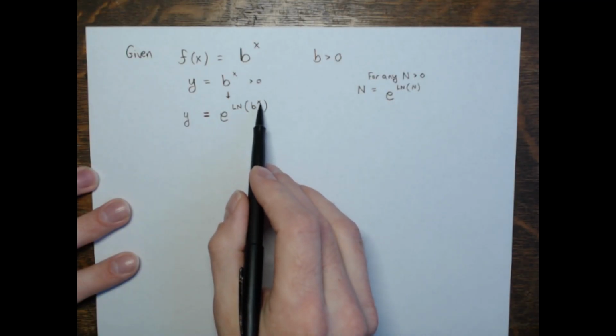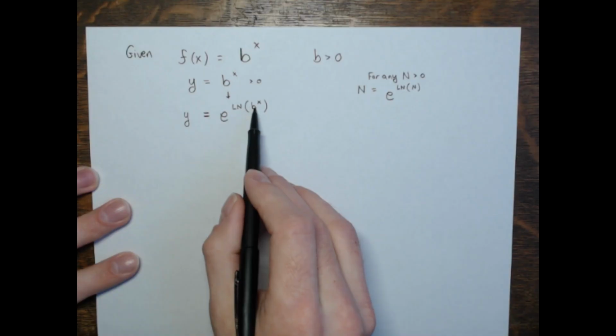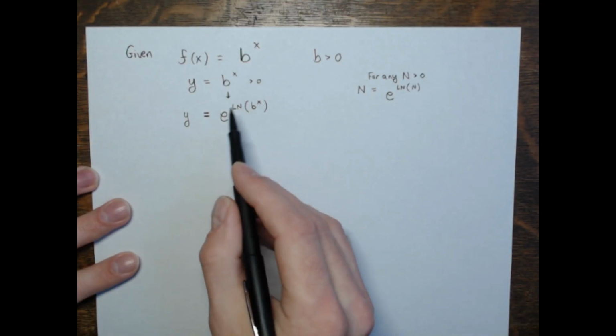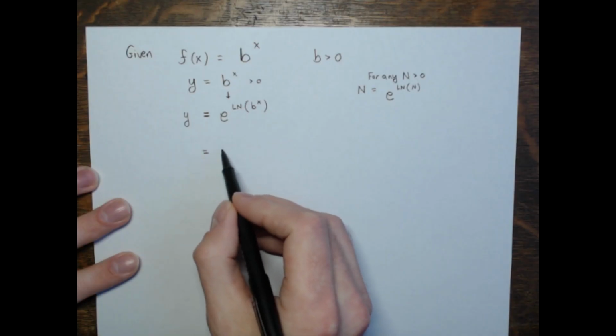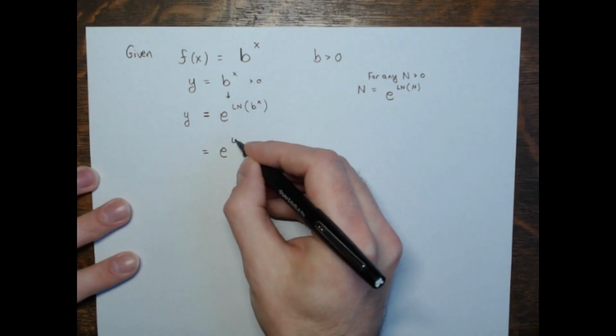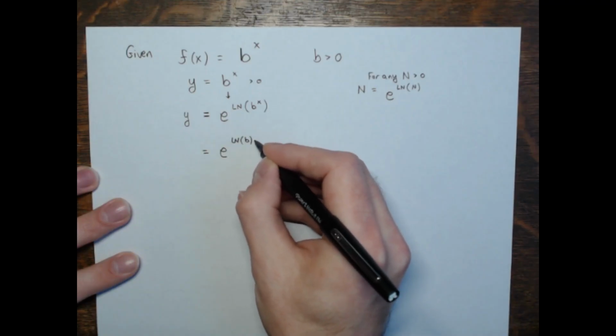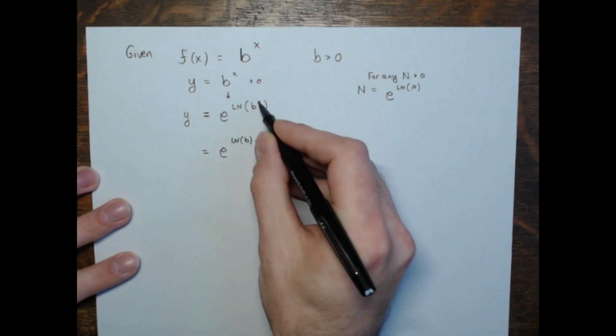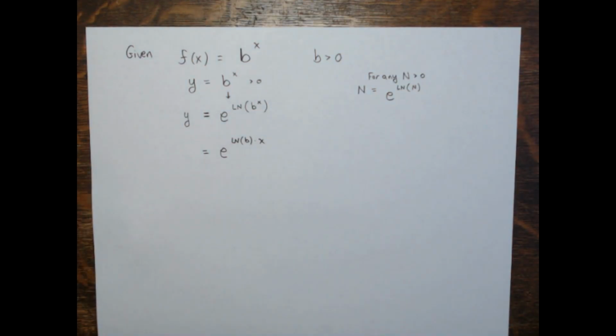And then I use the power property of logarithms: if there's an expression inside a logarithm raised to a single power, you can pull that power out and make it a multiplier, a coefficient. So this would be e raised to the natural log of b times x, pulling the x out and making it a factor or multiplier.